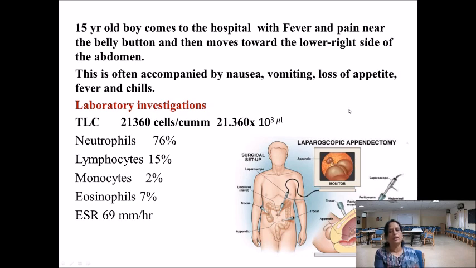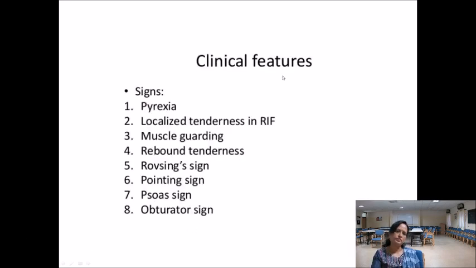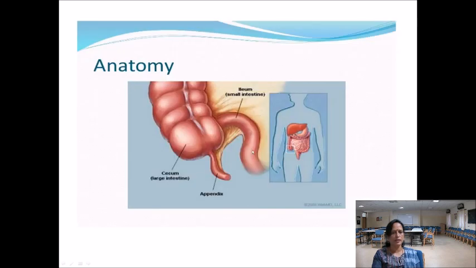I've given you an image here. You can make out. So what is this? These were the clinical signs. Child had pyrexia, temperature was high, localized tenderness, muscle guarding, rebound tenderness, and all these signs you will learn in surgery.